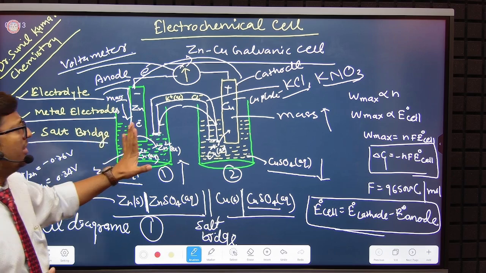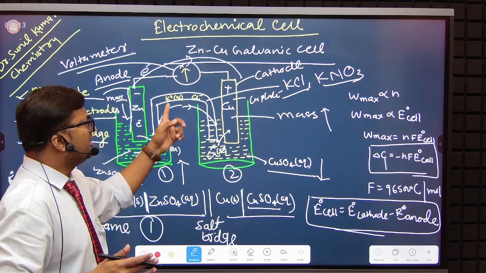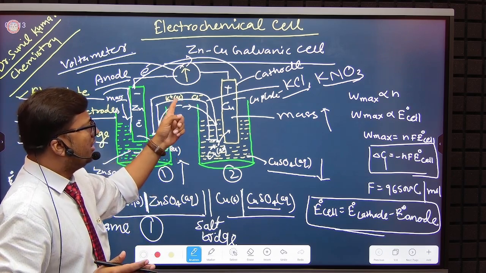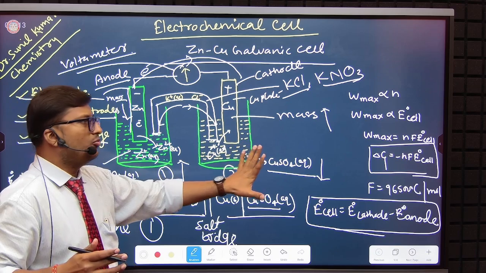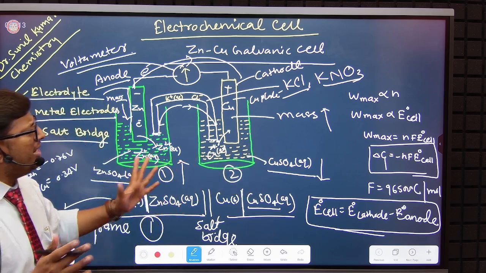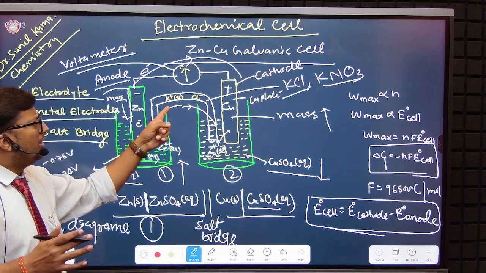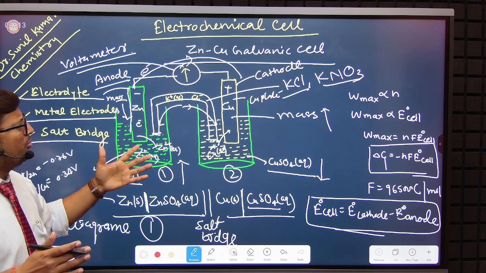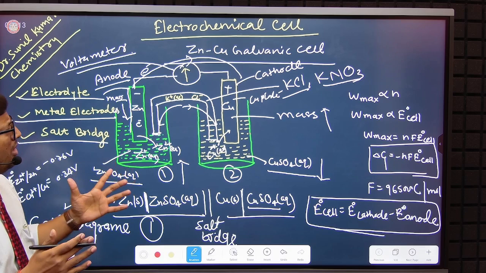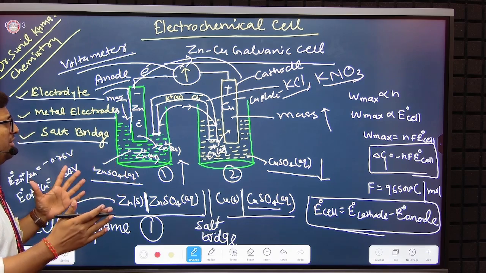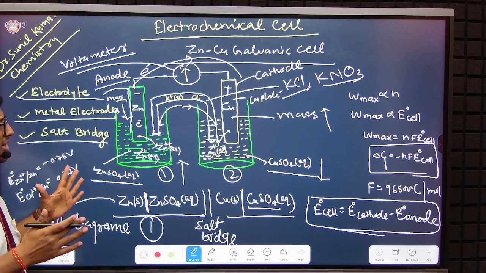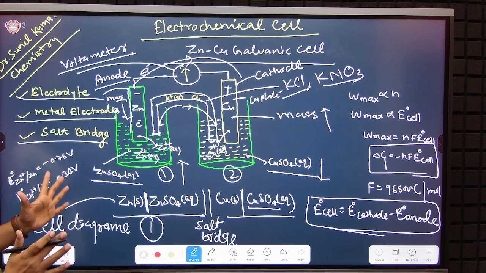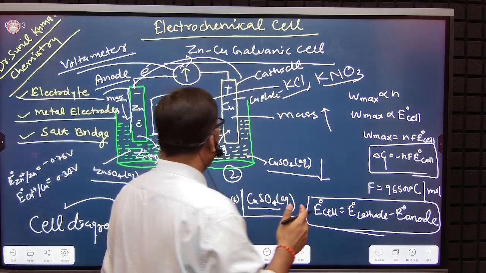Any of the ions, for example potassium ion, does not react with copper 2+ or sulfate 2- aqueous solution. So the only role of this salt bridge is to maintain the conduction between these two solutions by maintaining the electrical neutrality of the solutions, right?